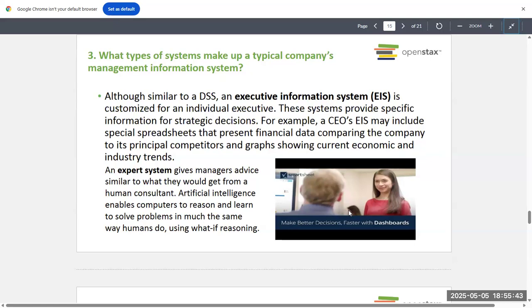All right, so an executive information system is similar to the decision support system, but it's tailored specifically to top executives, and it helps these individuals make better decisions. For example, CEOs with an executive information system might be able to see financial performance comparisons with competitors.